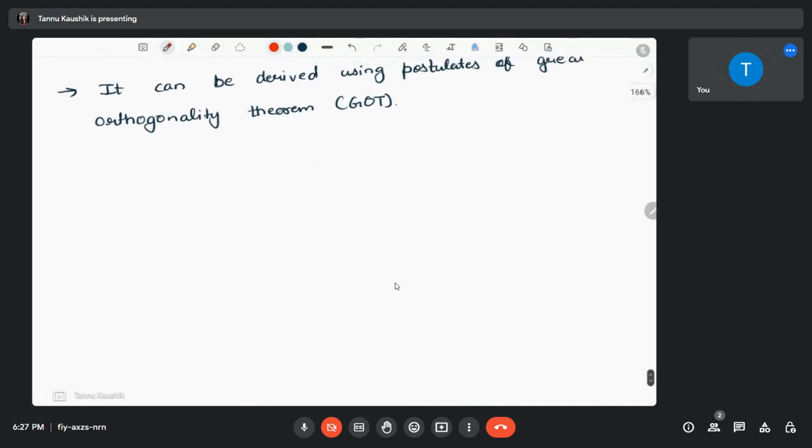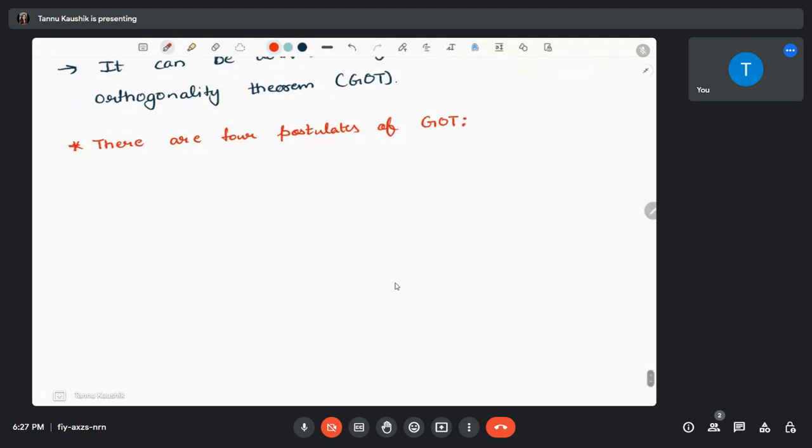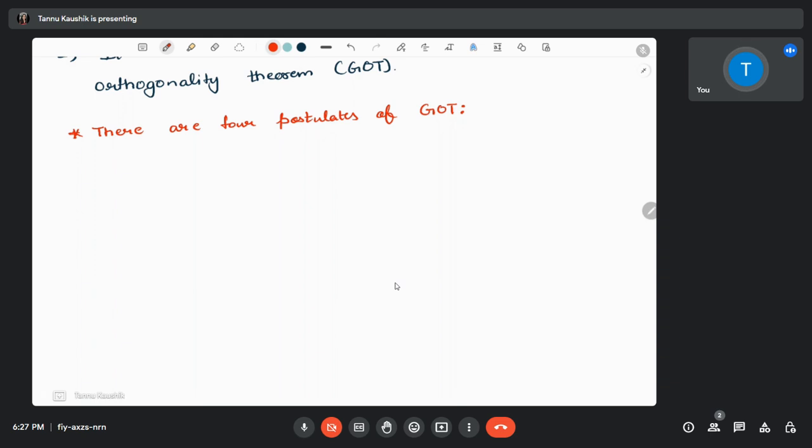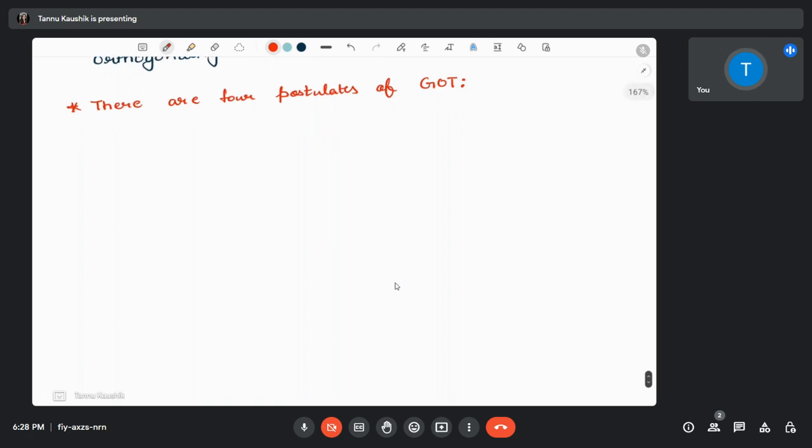So there are four postulates of the great orthogonality theorem. I will be deriving the irreducible representation for C2V point group following these four postulates.